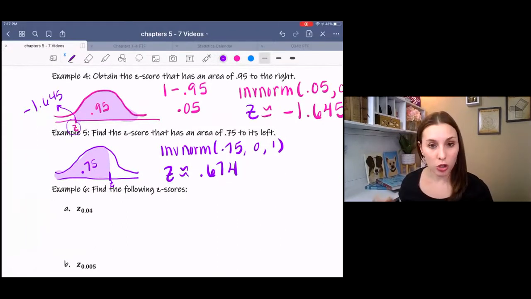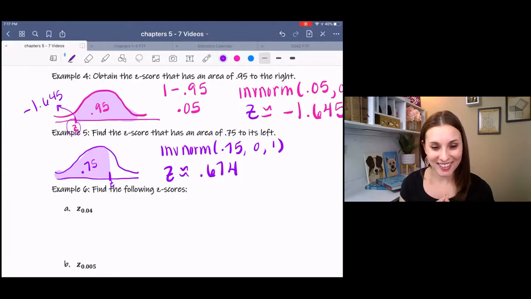The z-score associated with an area of 0.75. So the z-score that has 75% of the data below it is 0.675. The z-score that has 95% above it is negative 1.645.